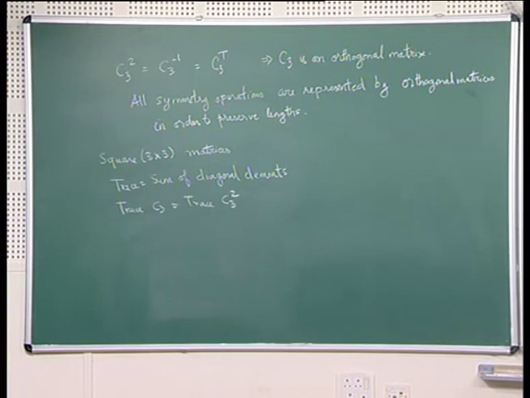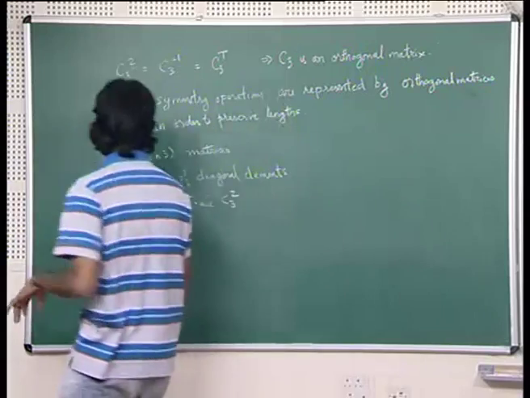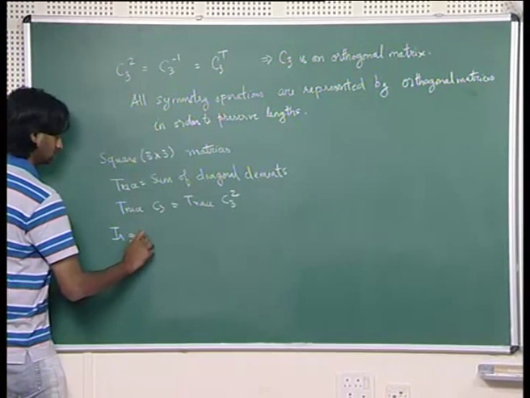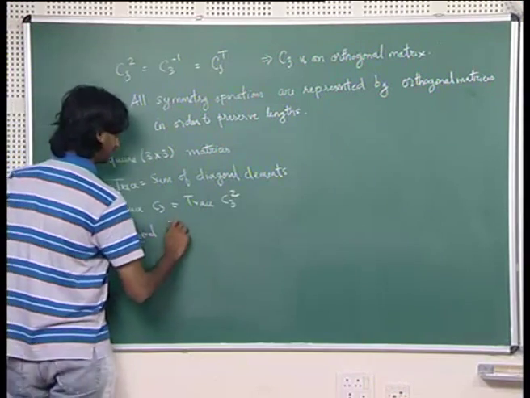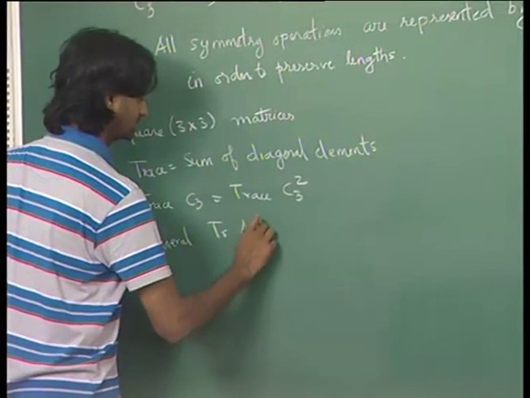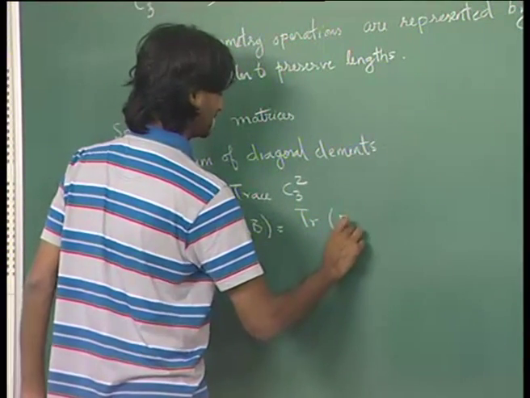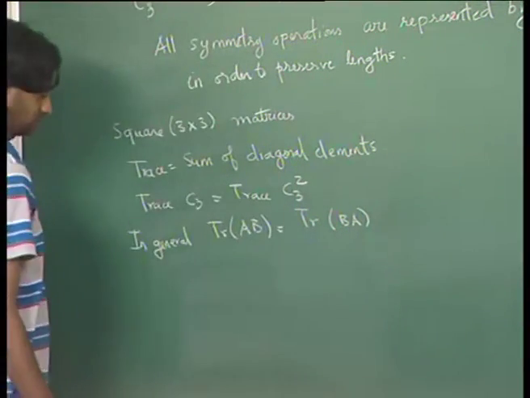Okay. And there is a deeper meaning to this. So, in general, trace of A B is equal to trace of B A, okay.